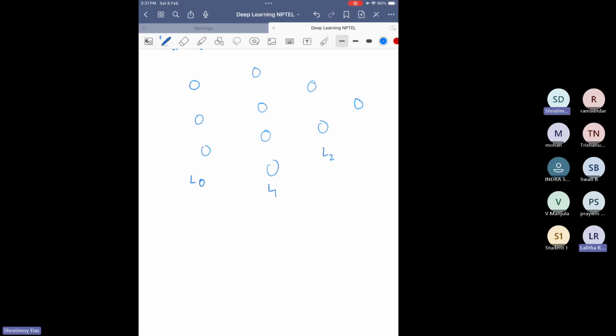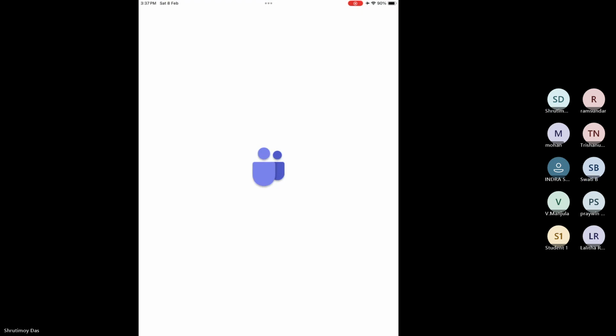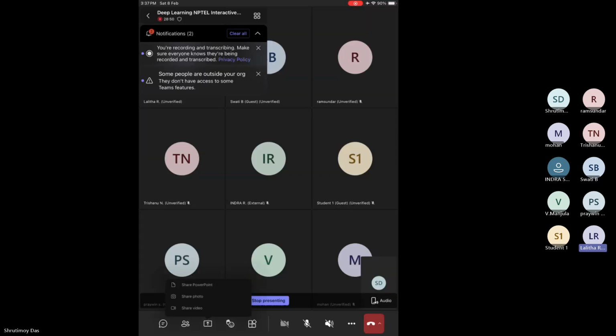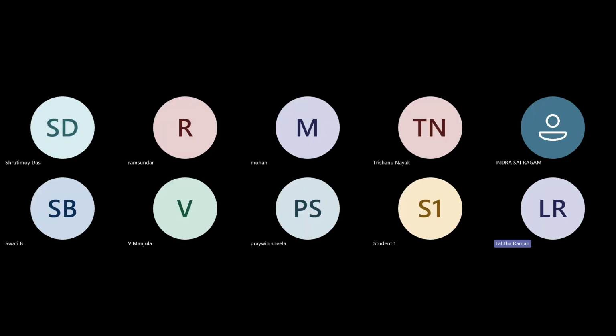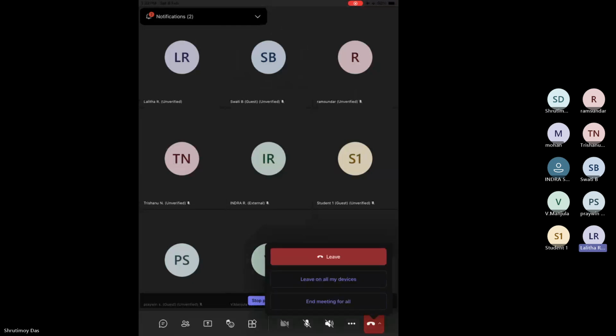The screen is not shared. I cannot see the screen. Let me reconnect.